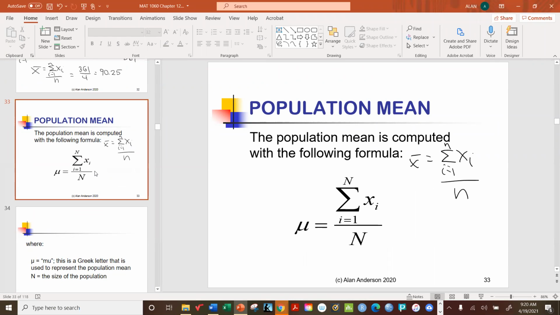So first things first, instead of x bar, what is this? This is the Greek letter mu. It's the Greek equivalent of M in the Roman alphabet. And we use this to represent the population mean.